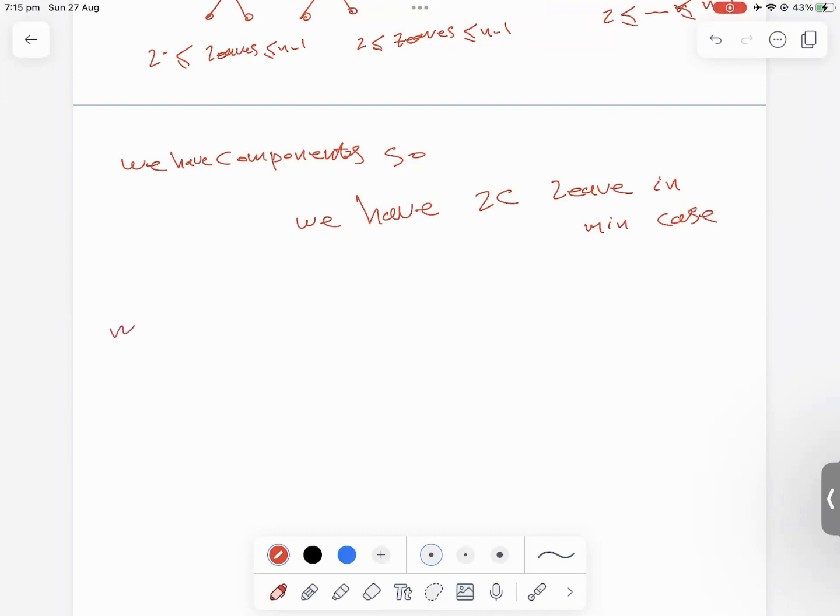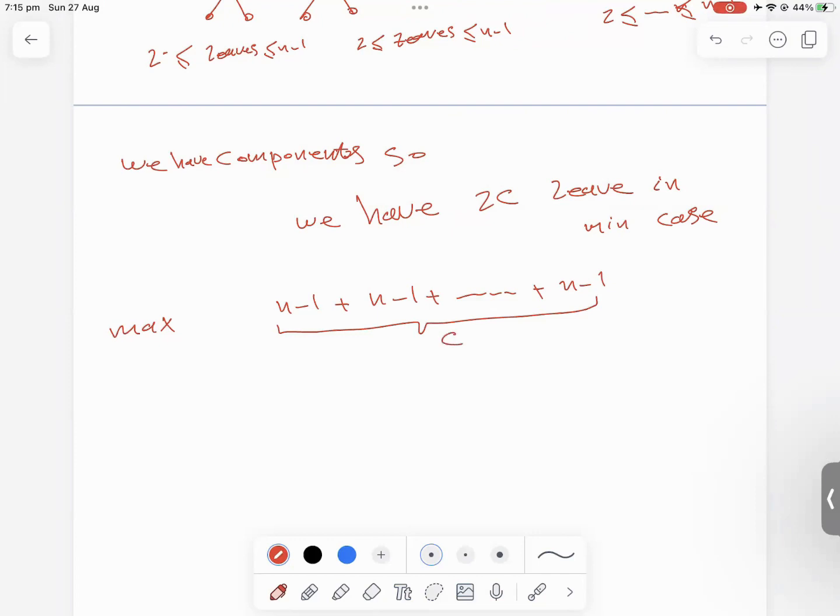The maximum will be n minus 1 for each component, and we have just C components.